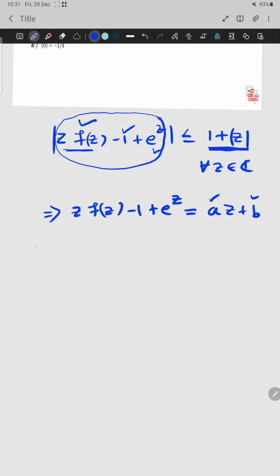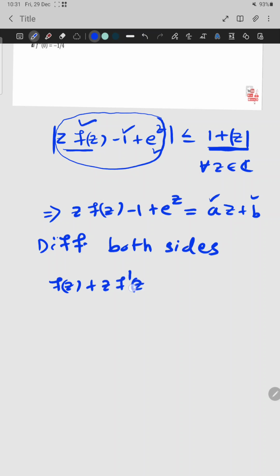If we differentiate both sides, what will we get? We will get f(z) + z f'(z), minus 1 vanishes, plus e^z, equal to a.